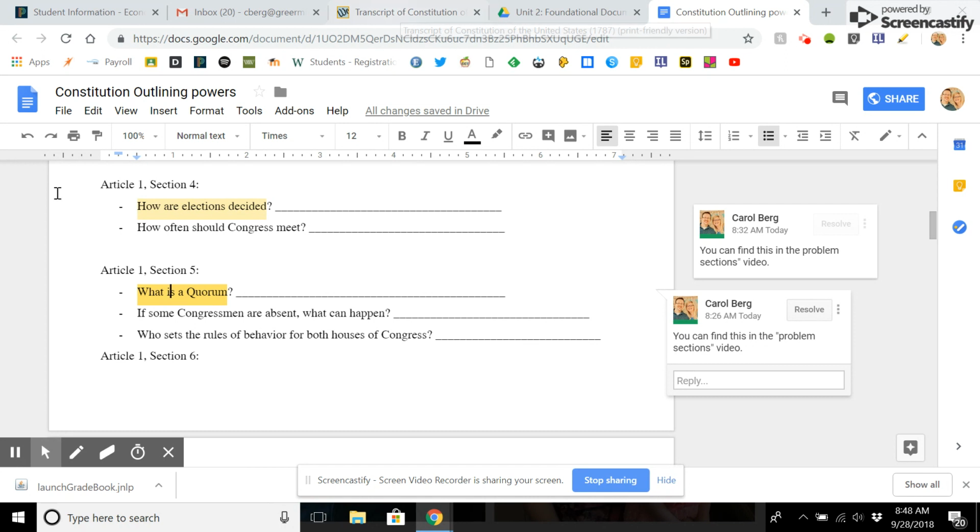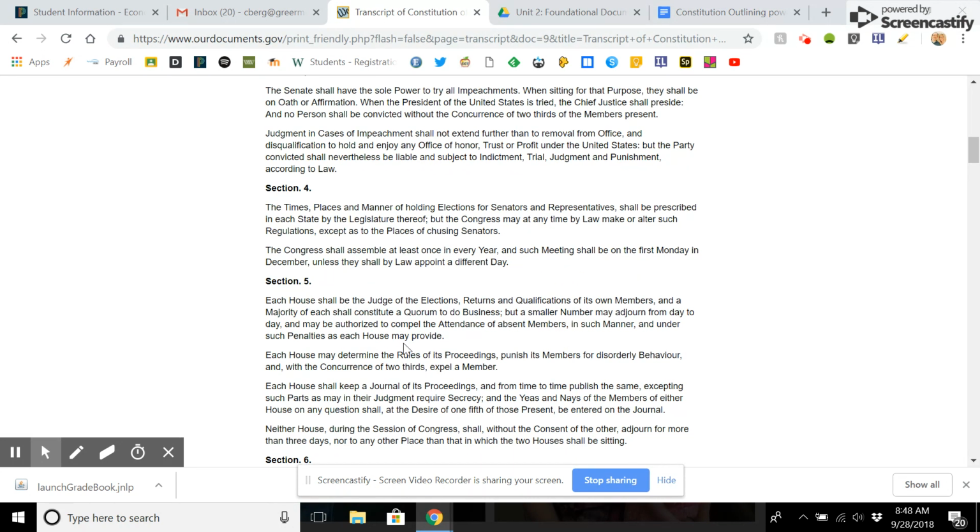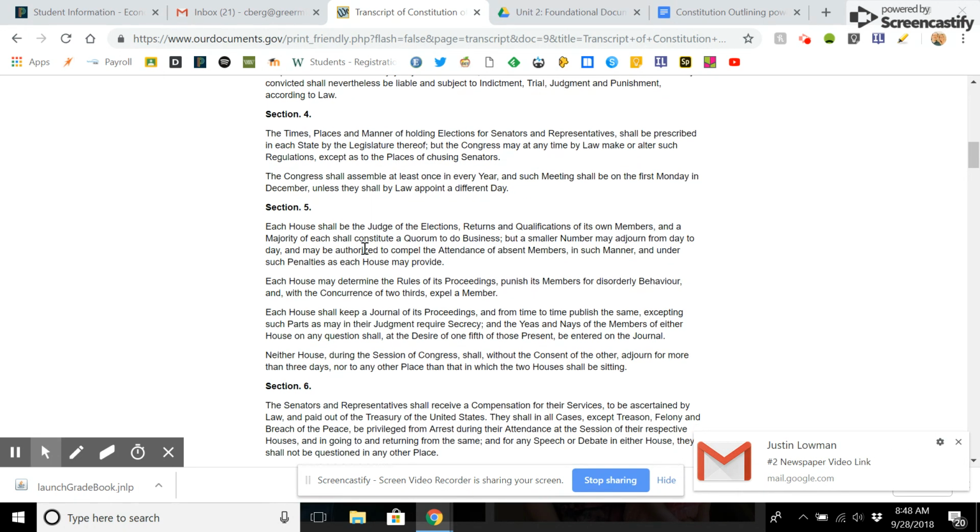What is a quorum? This is from Article 1, Section 5. Okay, right here. Shall constitute a quorum to do business, okay? If you look at your notes from that section on the side of your textbook, you'll find that the vocabulary word quorum simply says a minimum number of members that must be present to conduct sessions.